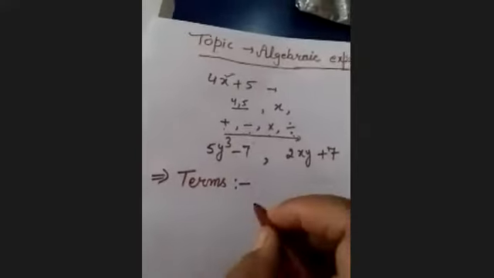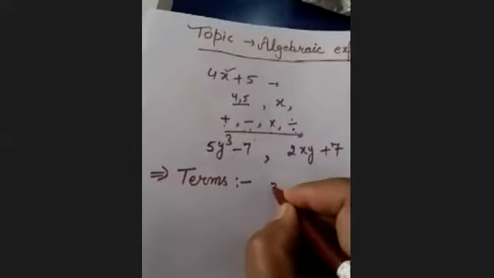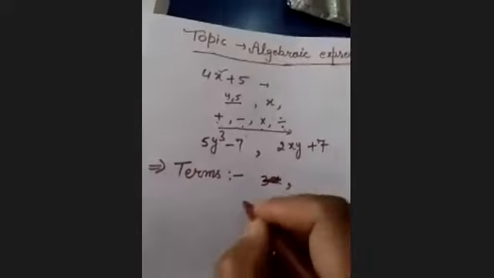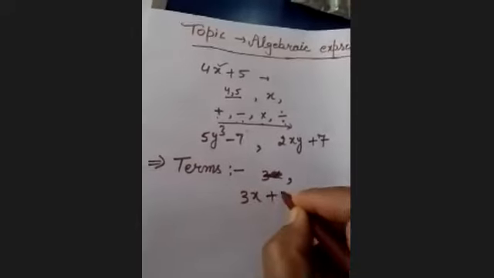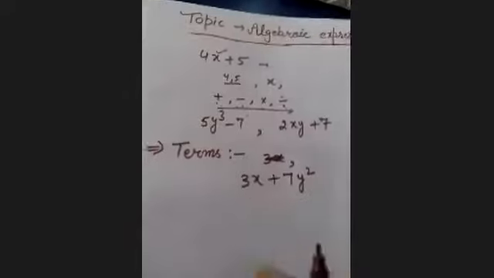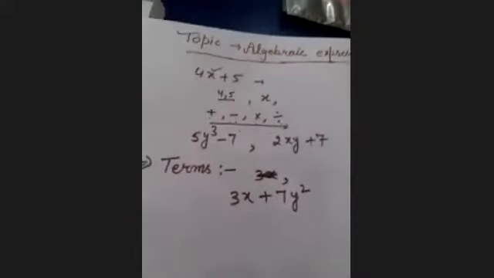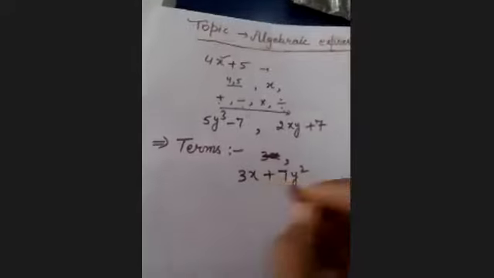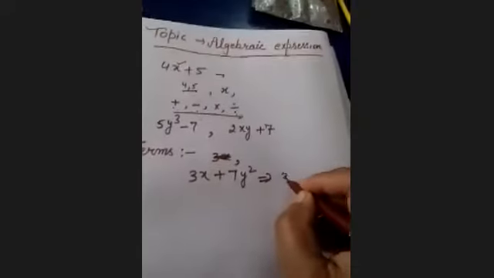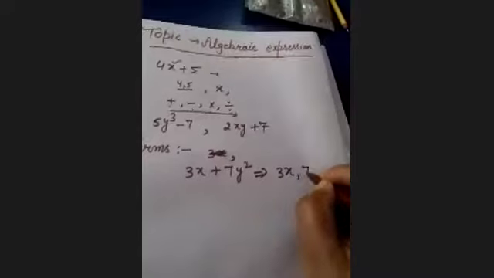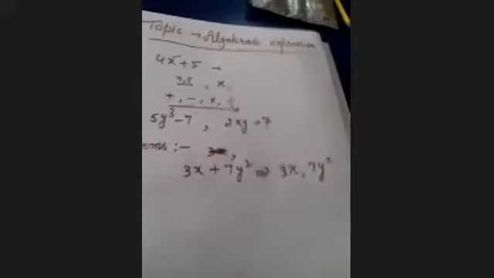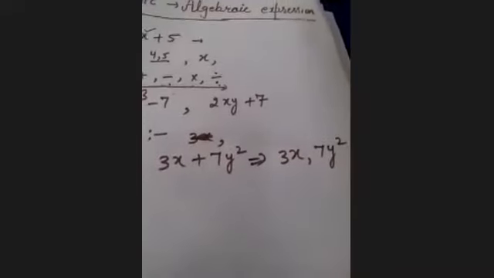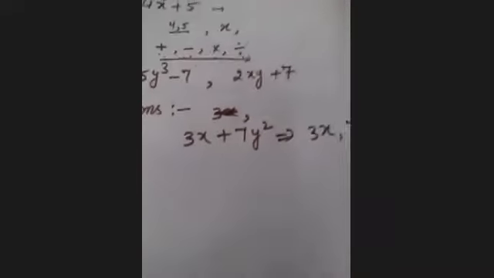For example, we have the algebraic expression 3x plus 7y square. Now, what are the terms of this algebraic expression? The terms are 3x and 7y square. These are the two terms of this algebraic expression.